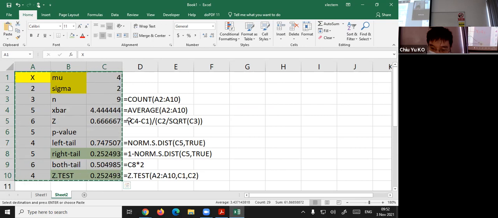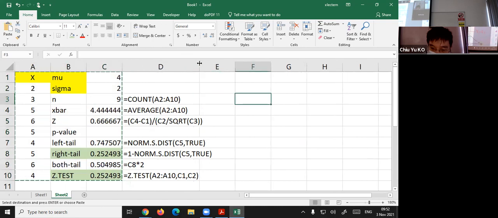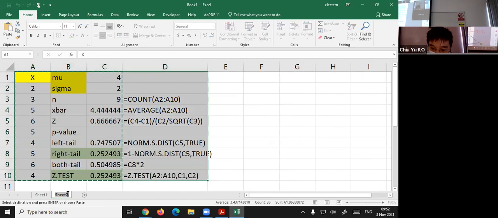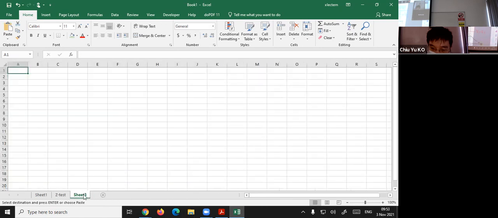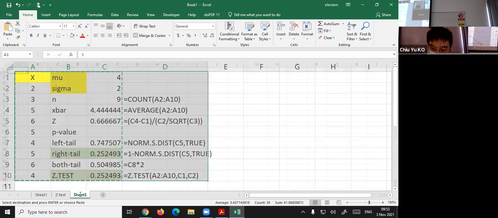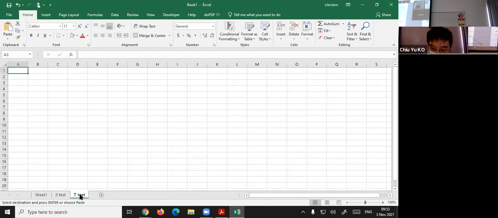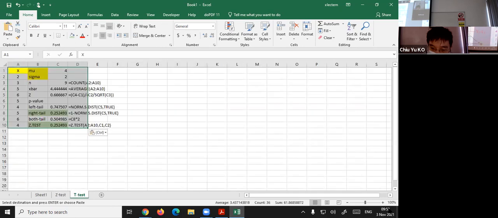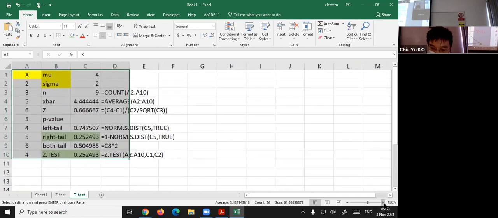Let's do the t one. Maybe we can just do it on the right hand side here, maybe just go down. Maybe I open another one and call it the t-test. Let's do it together on how we are going to work out the t-test.